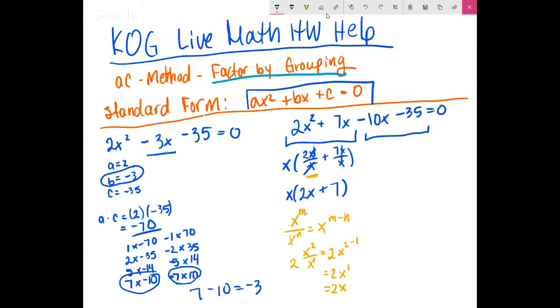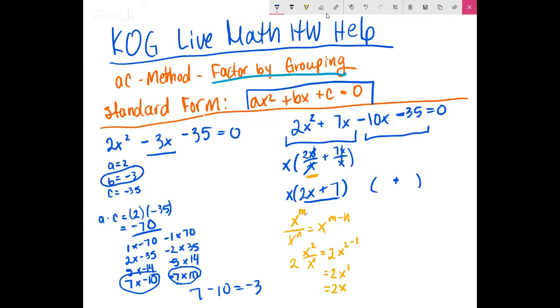The goal is to get the same thing in our new parentheses that we already have in our parentheses, 2x plus 7. That's the goal. But we have negatives and stuff. So the negative between 10x and 35, we don't want that. We want that to be a positive. That's the goal. All right.